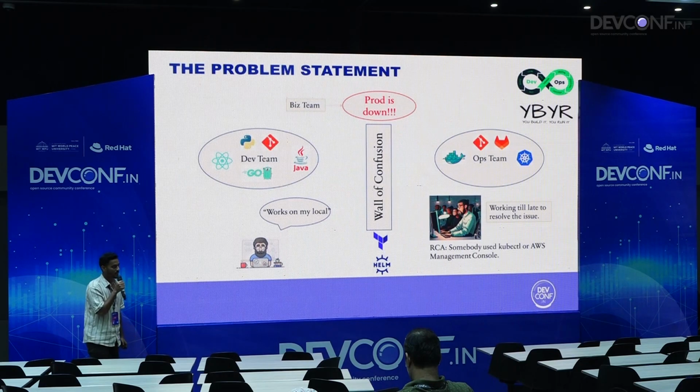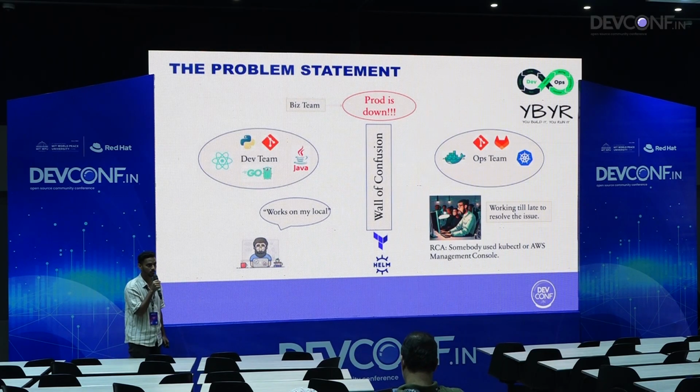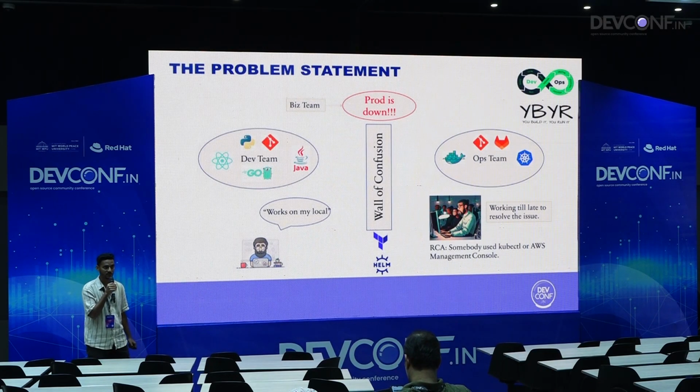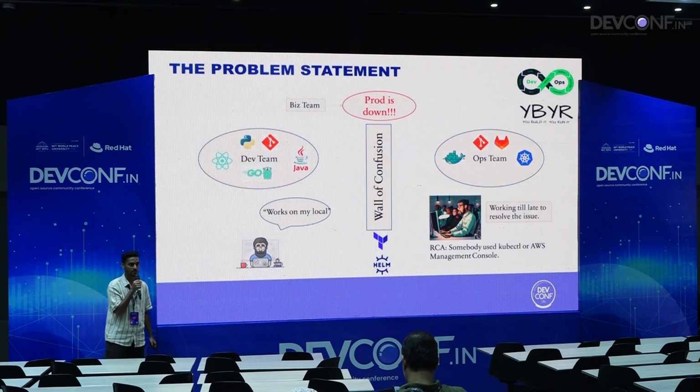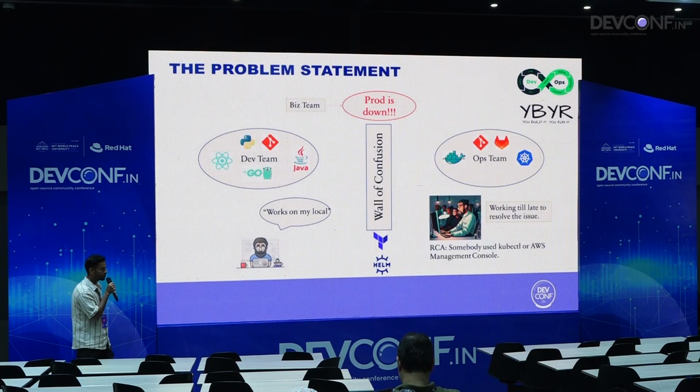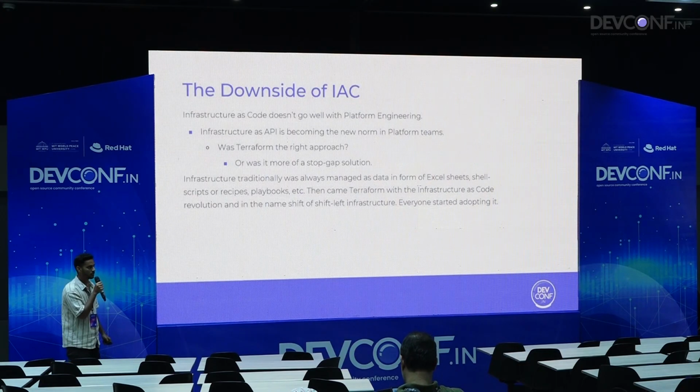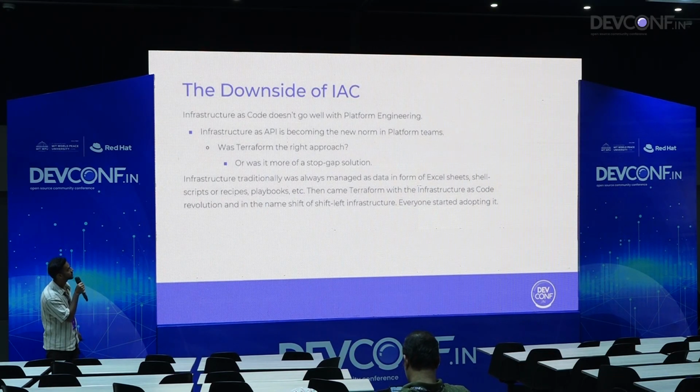That is the approach we follow for our applications, for our workloads, so why don't we follow the same approach for our infrastructure as well? Because infrastructure is defined using code, but applications are definitely being run using Kubernetes or a similar container orchestration tool. That is where I started looking for other solutions in the market.